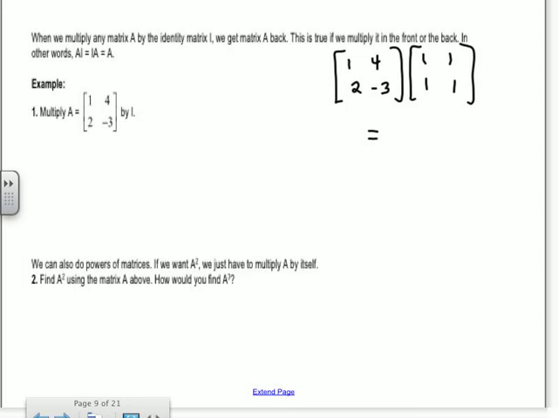That's how I was going to get 1, 4, 2, negative 3 out again. But once you start computing, you would see 1 times 1 gives you the 1, but then 4 times 1 gives me 4. So my first spot is 5. I'm not getting 1 out like I thought I was going to get. Okay, so that's why we had to use this identity matrix.